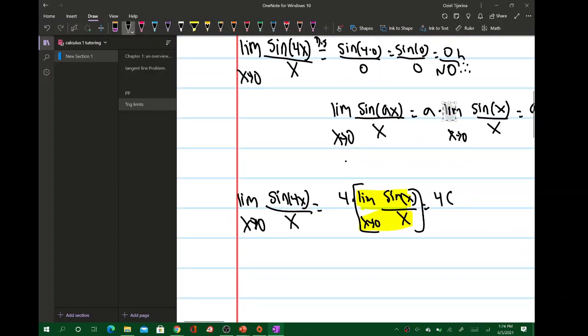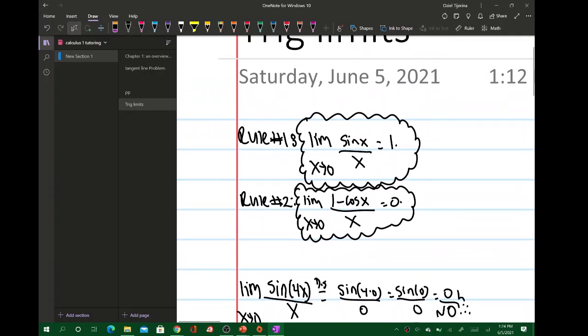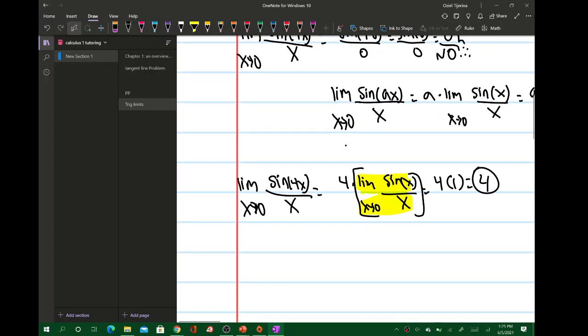So we're just going to say 4 times 1, and that's just 4. And that's how you do it. It's really not that complicated. You just have to remember the rules of sine of x over x and 1 minus cosine x over x.